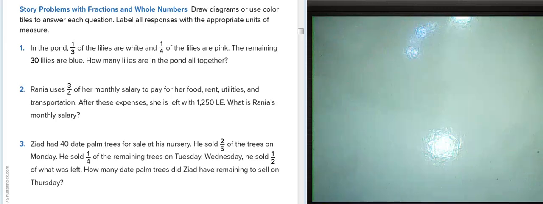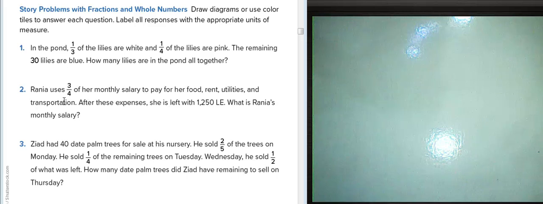Question number 2. Rania uses 3 over 4 of her monthly salary to pay for her food, rent, IELTS, and transportation. After these expenses, she is left with 1,250 lira. What is Rania's monthly salary? He asked about the salary.